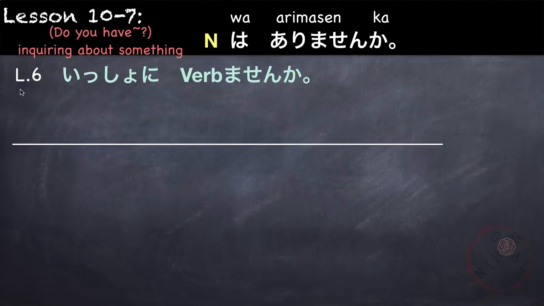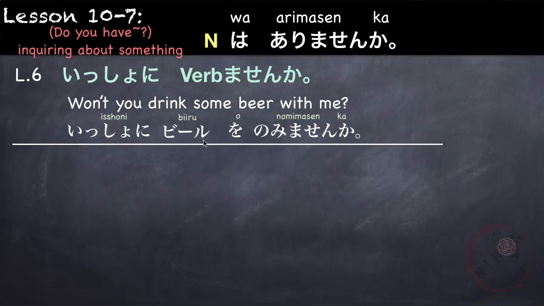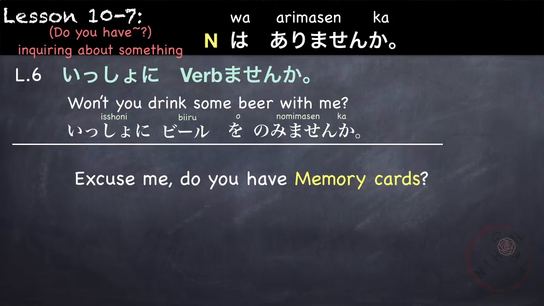So this is just like the phrase we've learned in lesson 6, which is 一緒に verb ませんか? Won't you do something with me? For example, won't you drink some beer with me? 一緒にビールを飲みませんか? So, let's take a look at this conversation. For example, you arrived at the Yodobashi Camera and you want to look for the memory cards.